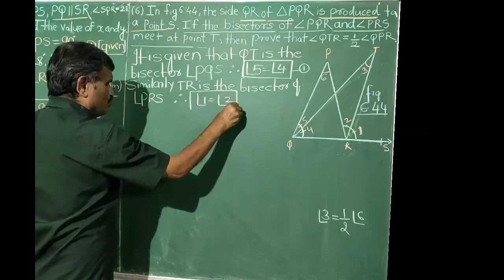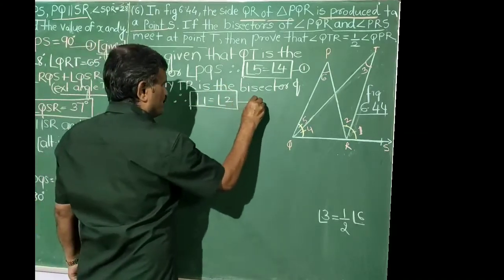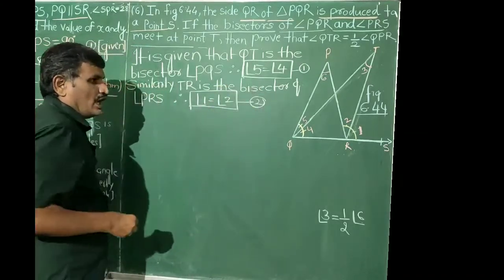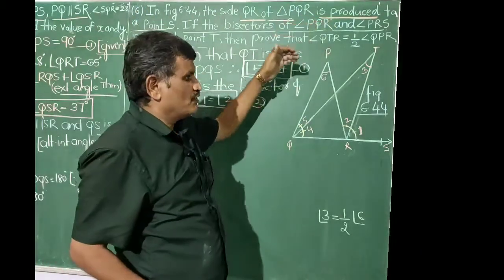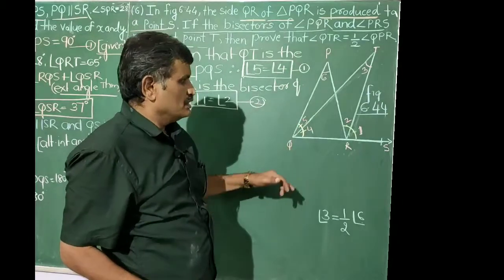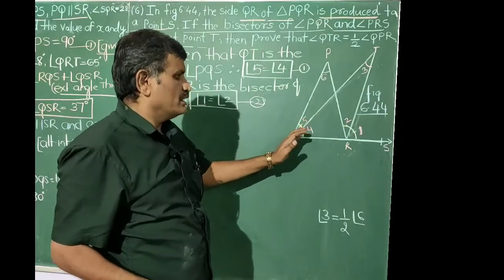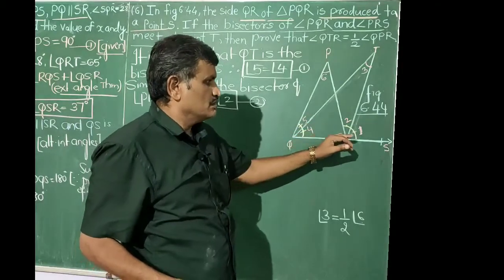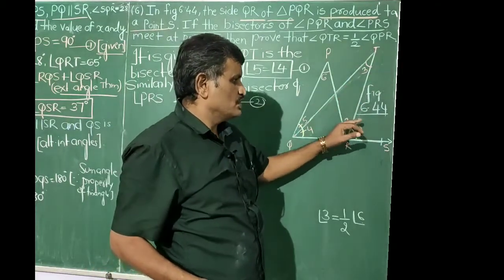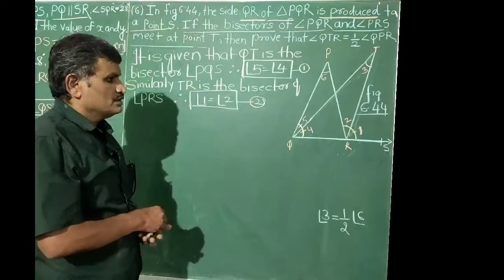So these two key points you should keep in your mind. How did I write it? I have read the question properly. After reading the question properly, I could come to know that this is the bisector of this angle, so these two angles are equal. This is the bisector of this angle, so these two angles are equal.